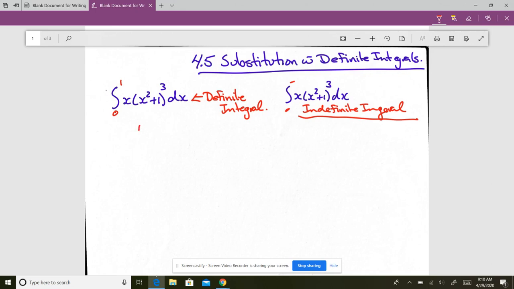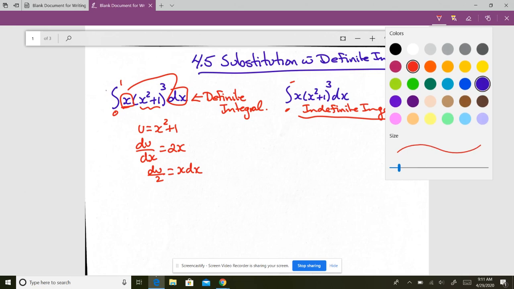Just like before, we're going to sub this out because I know the derivative of the inside is 2x, which will help me get rid of this x on the outside. So I'll let u equal x squared plus 1. du dx is equal to 2x, and then I rewrite it: du over 2 is equal to x dx, and that removes those two things.